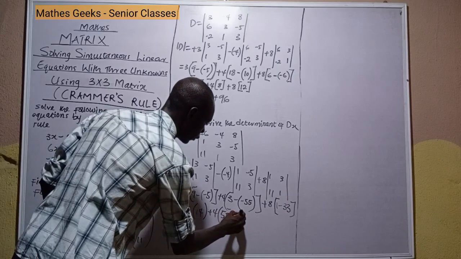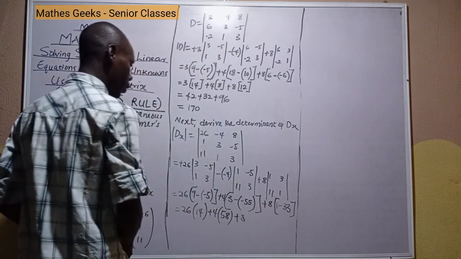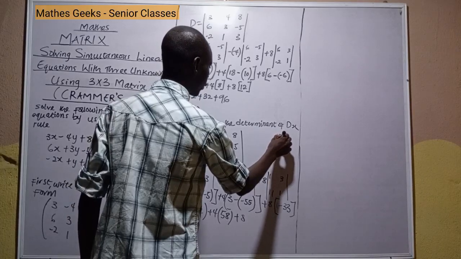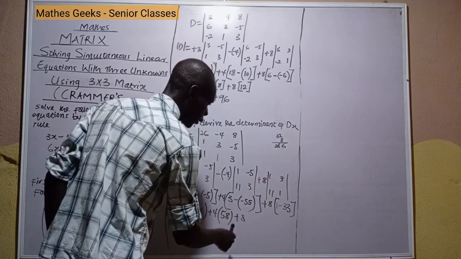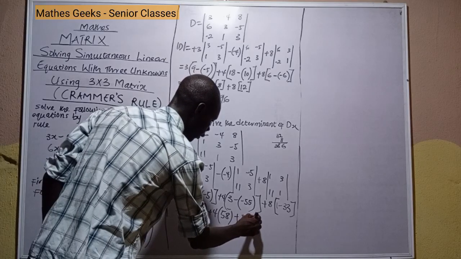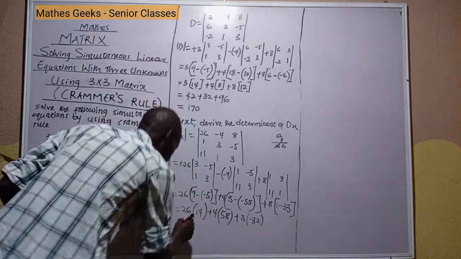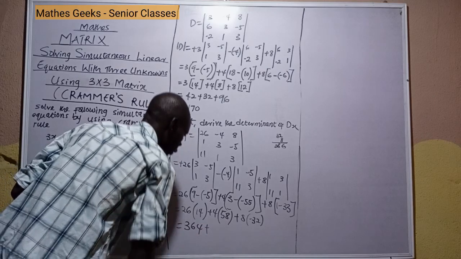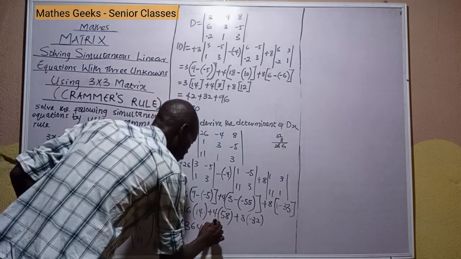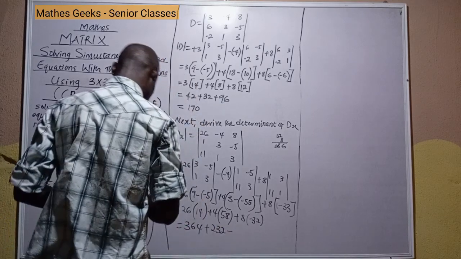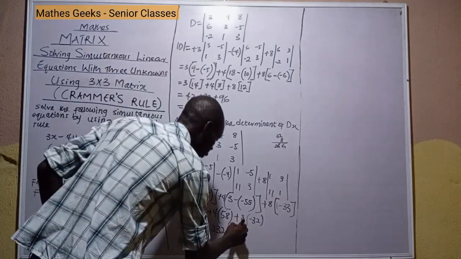Plus 8, 1 times minus 32 is minus 32. So minus 32 times 8 is minus 256.